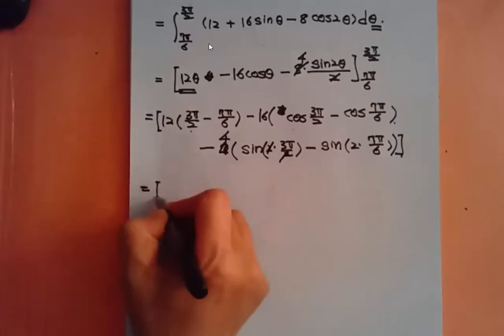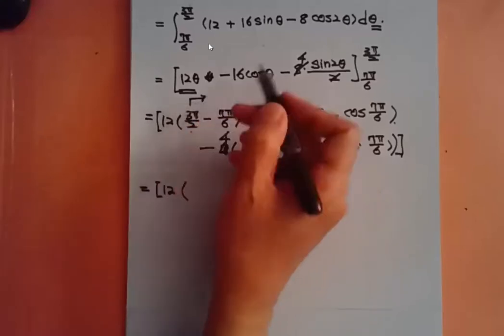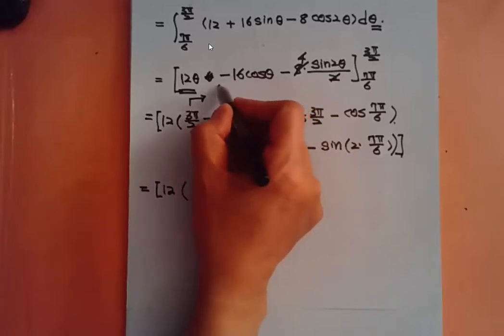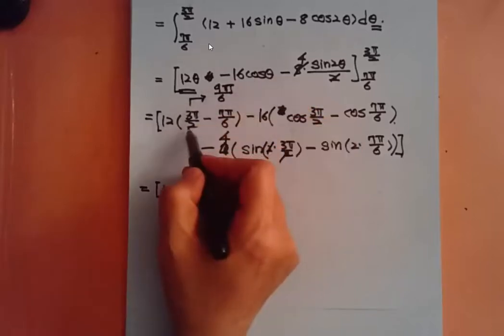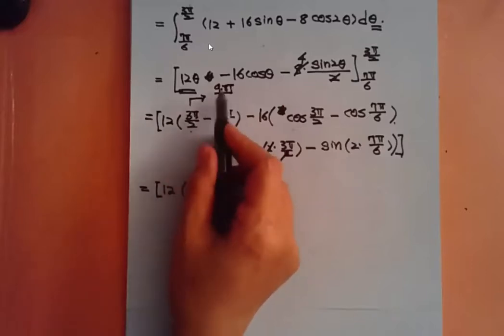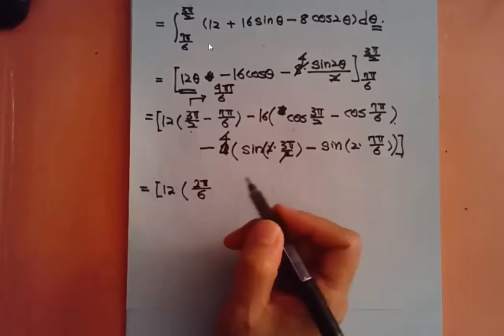So that becomes 12 times. We can rewrite that as 9 pi over 6. We just multiply 3 to the denominator and 3 to the numerator. And then 9 minus 7 will make 2 pi over 6, right?